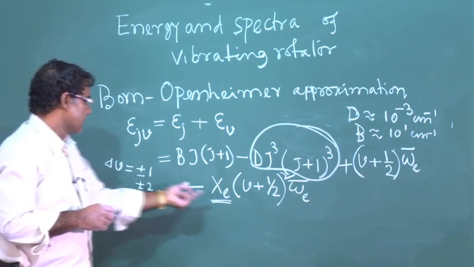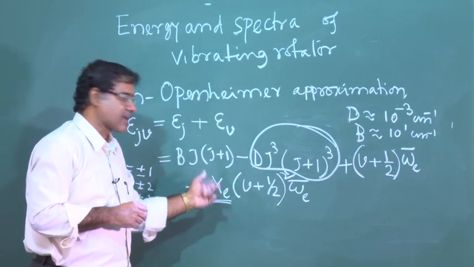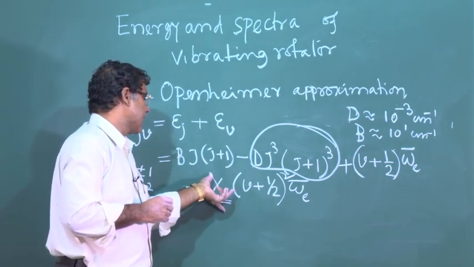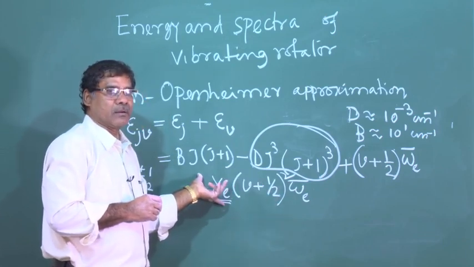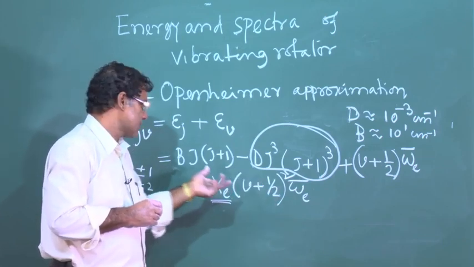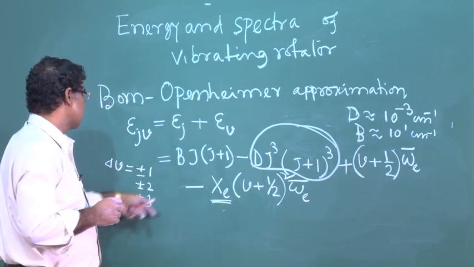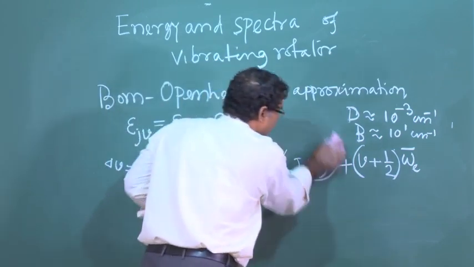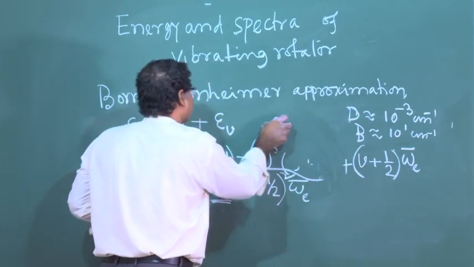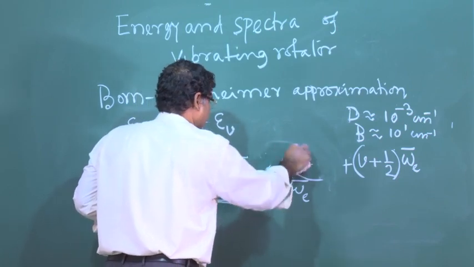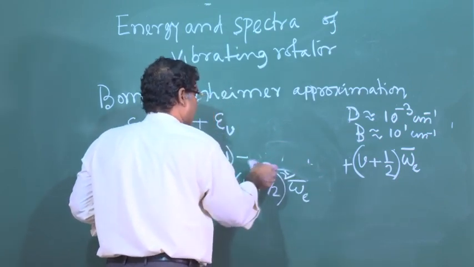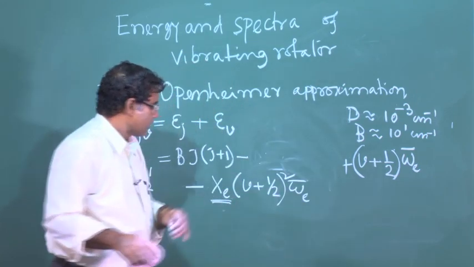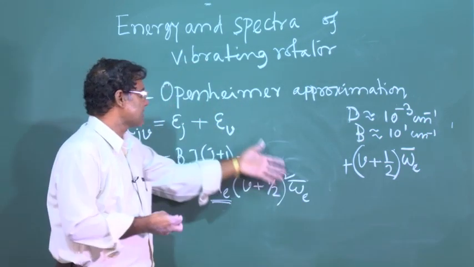So, although the anharmonicity constant X_e is small, we still keep this term, because then only can one use these selection rules. This energy is for the vibrating rotator, and this is the energy expression.